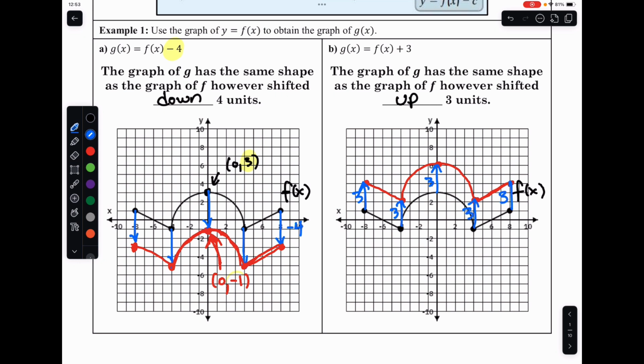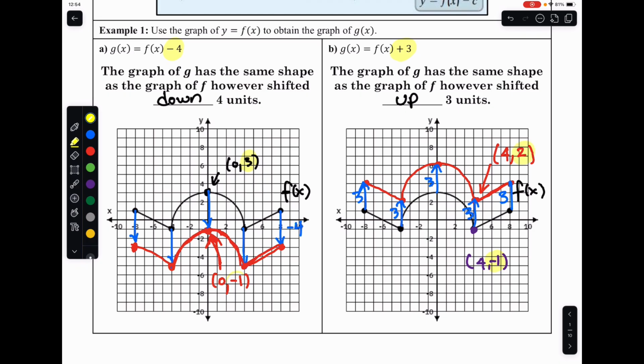Now this is the fascinating part. If I pay attention to these points, let's say this point right there, which is at 4, negative 1. Look at this corresponding point. The x value is still 4, but the y value is now 2. So if I compare what happened mathematically, negative 1 plus 3 changed to 2.